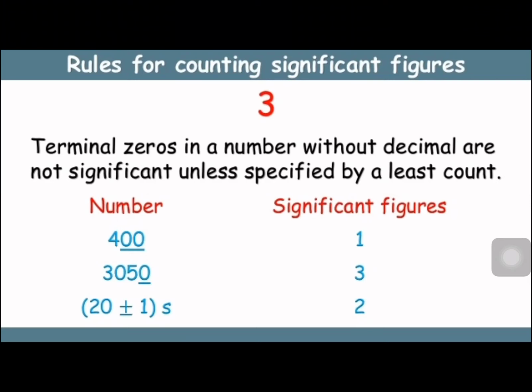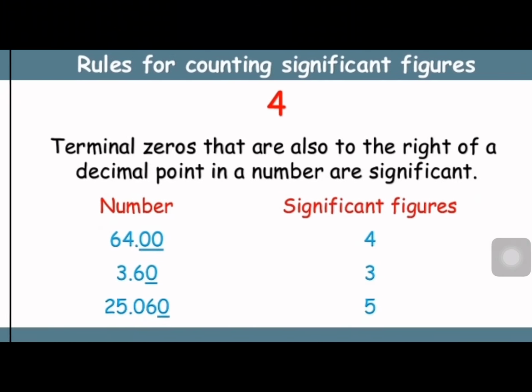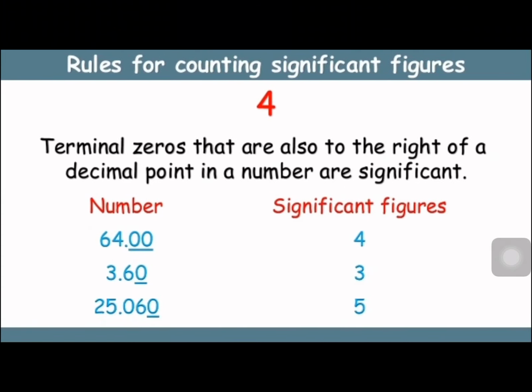The same way 3050: the 0 between 3 and 5 is countable, but the last 0 is not. Rule 4: terminal zeros to the right of the decimal point in a number are significant. 64.00 has 4 significant figures, and 3.60 has 3. After the decimal point, a zero is countable.